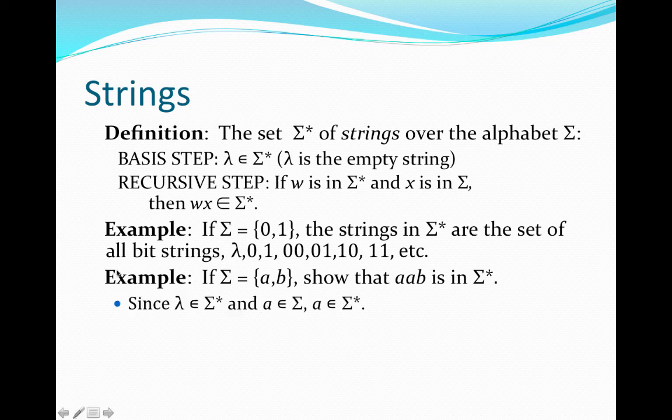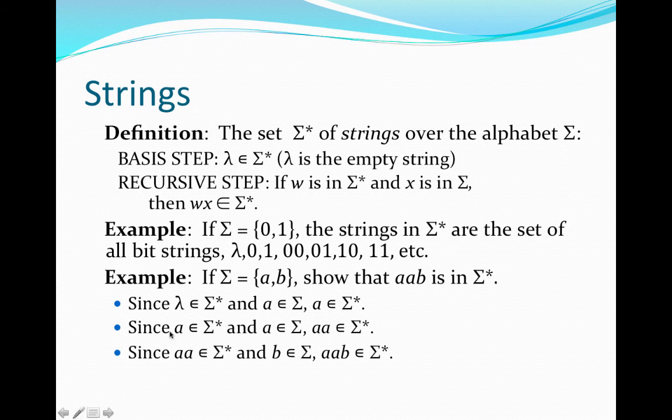Knowing that the basis step adds the empty string, and that to any string we may add any member of our alphabet, since A is a member of our alphabet, A is a string, since we add A to the right of the empty string, which gives us A. Now since A is a string, we can add any member of our alphabet to A. In particular, A is a member of our alphabet, so AA is a string.